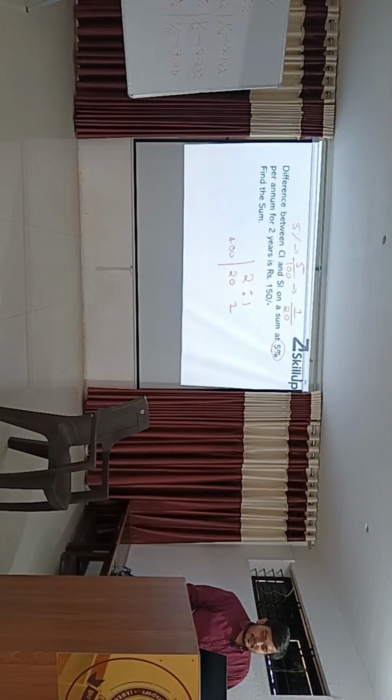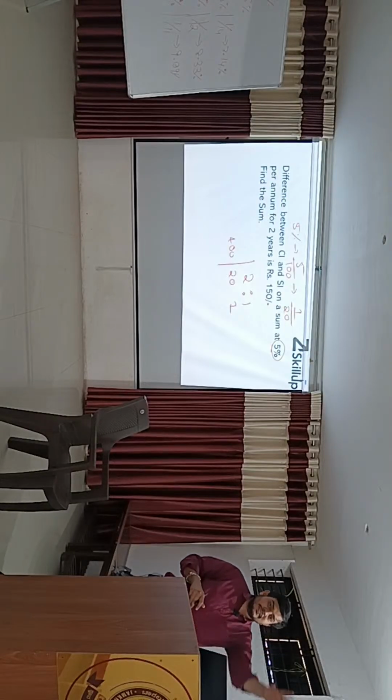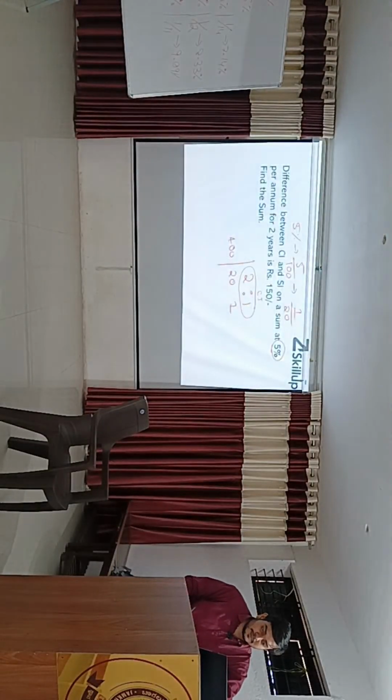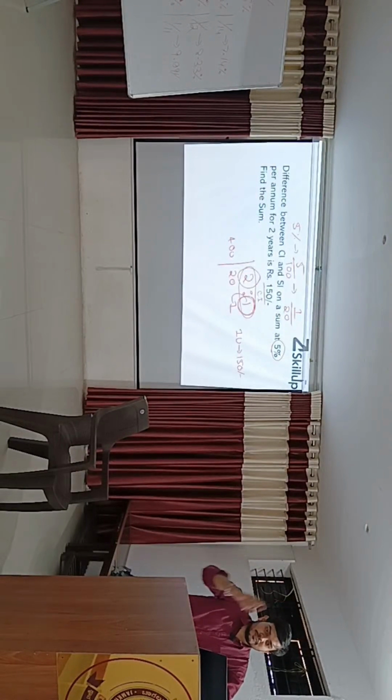Now, what is given? Difference between CI minus SI. CI is nothing but this, SI is nothing but this. What is left over? 1 unit value is 150 rupees.